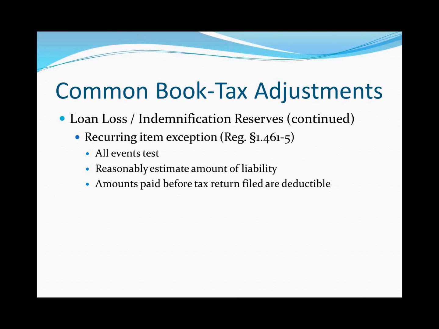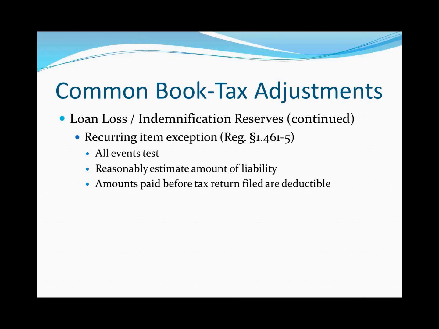What the exception effectively allows you to do is this: look at your indemnification reserves at the end of the year, and let's say there's $100,000 in that reserve, made up of $50,000 of estimated future losses and $50,000 of actual indemnification requests.